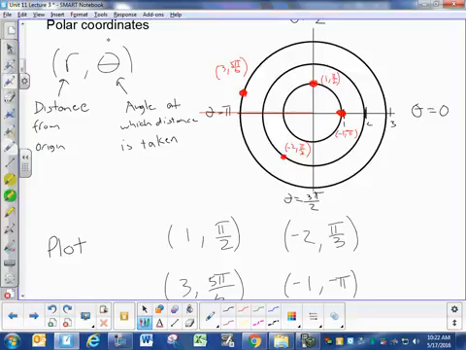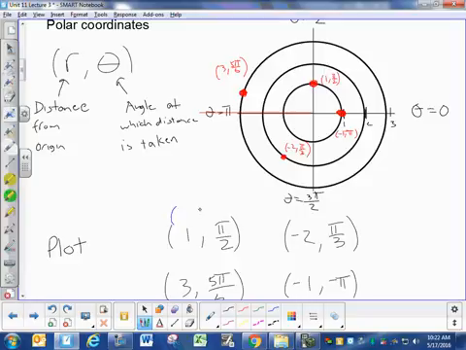Now, the great thing about polar coordinates, well, it's just one interesting thing about polar coordinates, is that unlike Cartesian coordinates, there are multiple points that can plot the same point on the plane. Who could give me an example of another point that could plot the same point as (1, pi over 2)? Perfect.